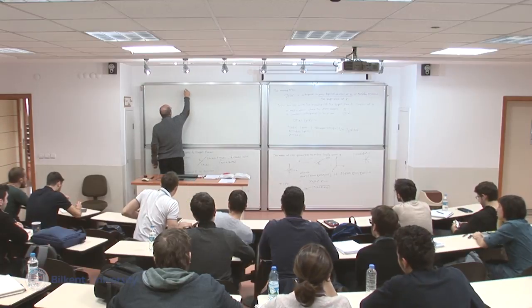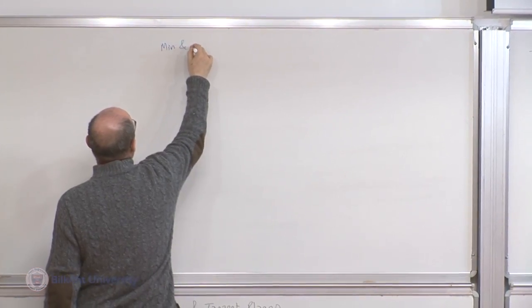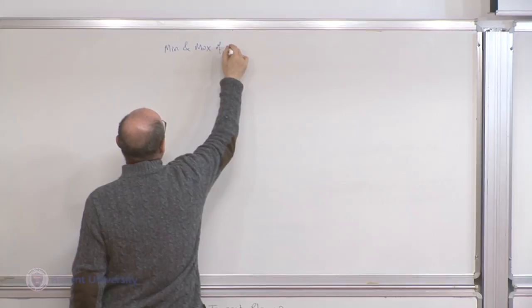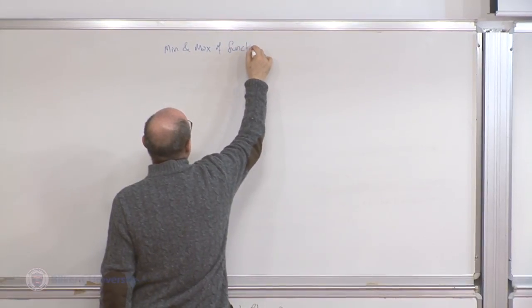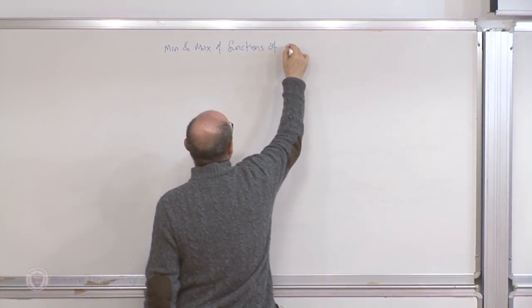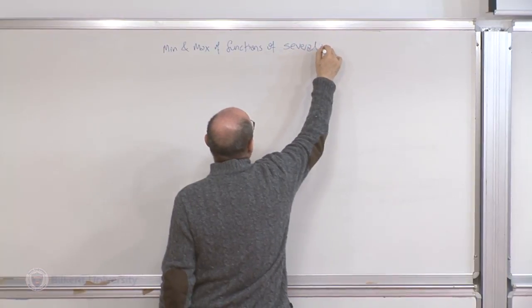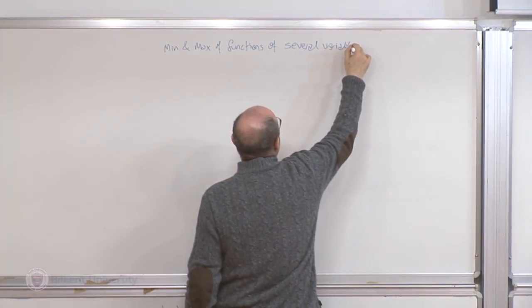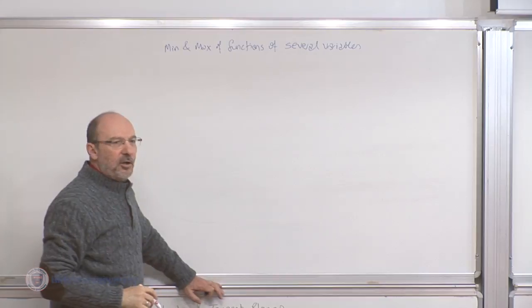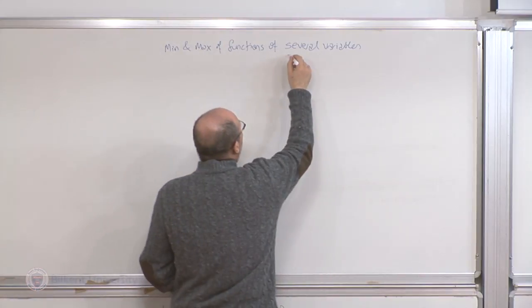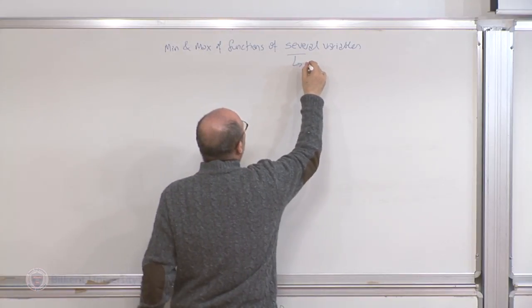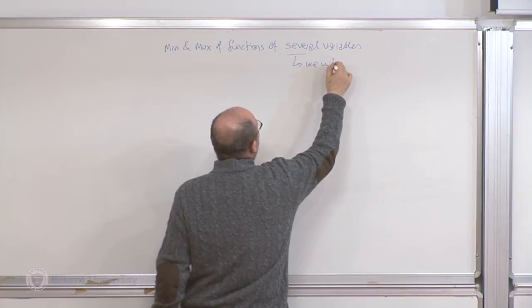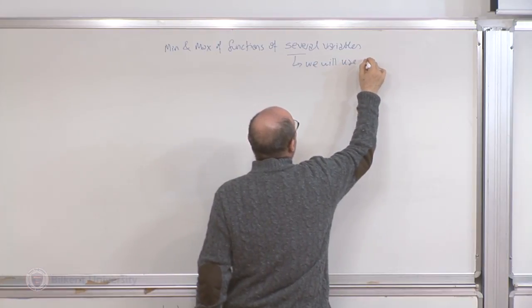Okay, so min and max of functions of several variables. Okay, so we write this so that it is impressive, but we will concentrate on, so we will use two variables.